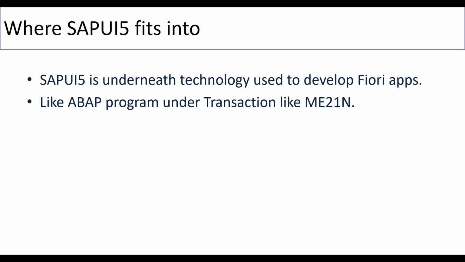So when you say SAP has provided 10,000 Fiori applications, what is UI5 then? What is ABAP for the module pool program? It is the underlying programming language which we have used to develop the module pool.